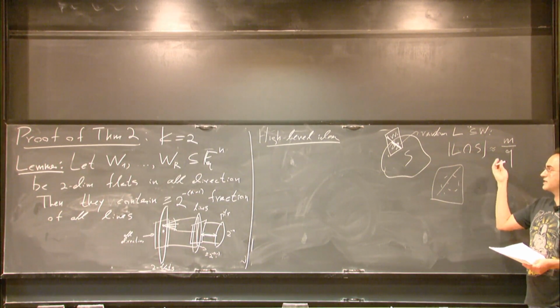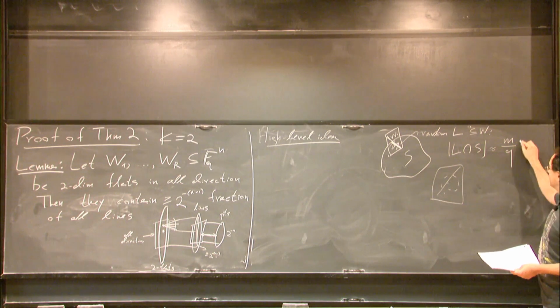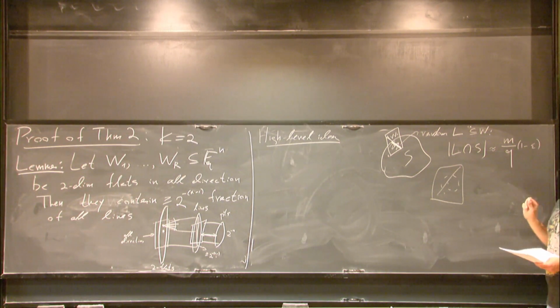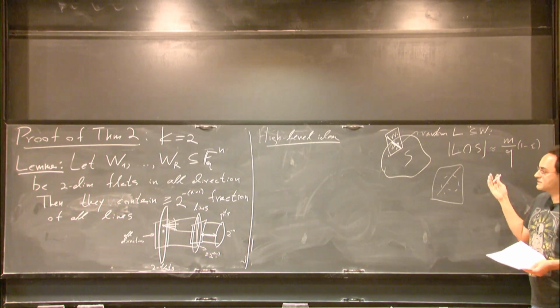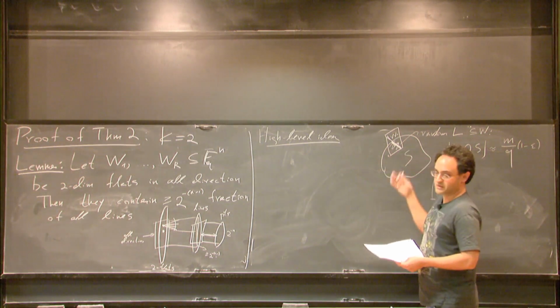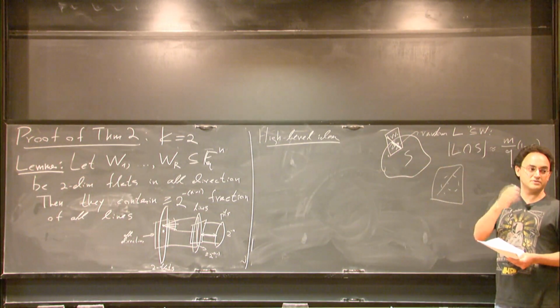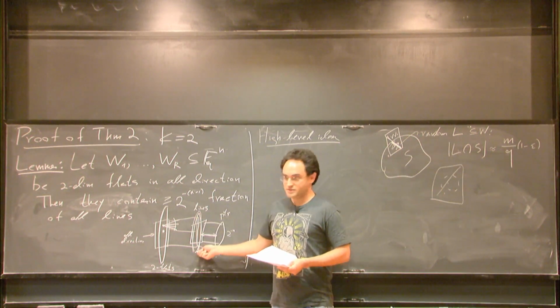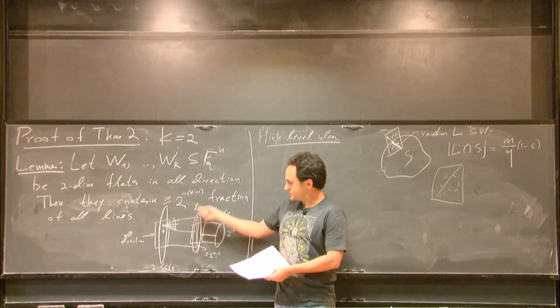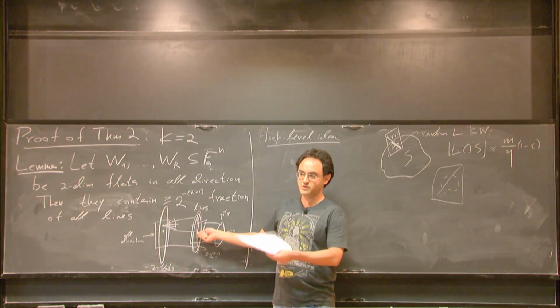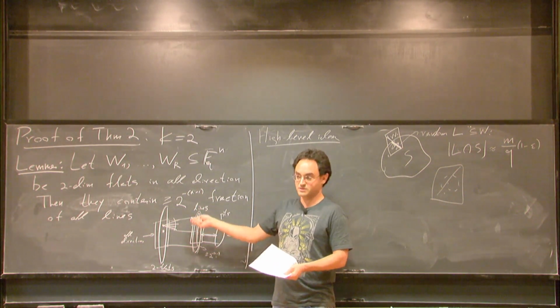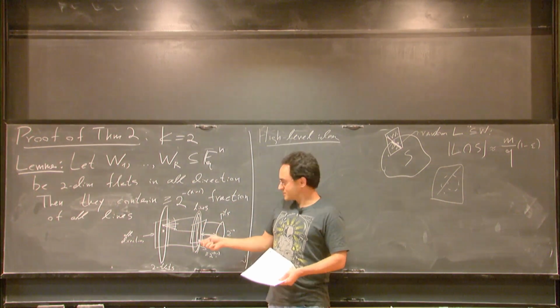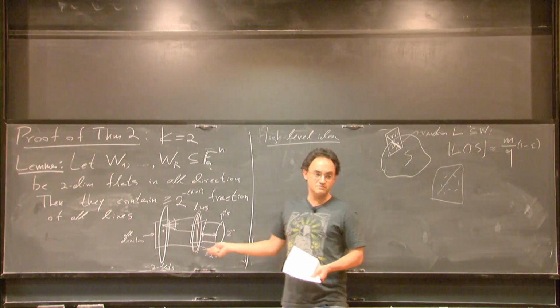So there'll be very few lines that deviate from this by, I don't know, 1 minus epsilon. But I did this for every WI. I throw away all the lines that have small intersection. So I have not almost all, but a constant fraction, 2 to the minus n fraction of the lines. And I threw away an even smaller fraction. So I still have a lot of lines with large intersection.